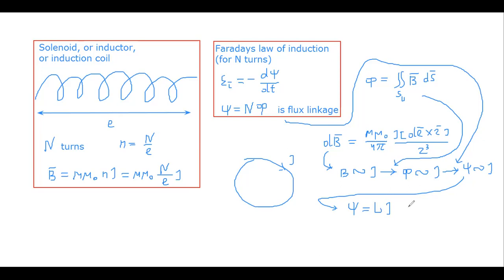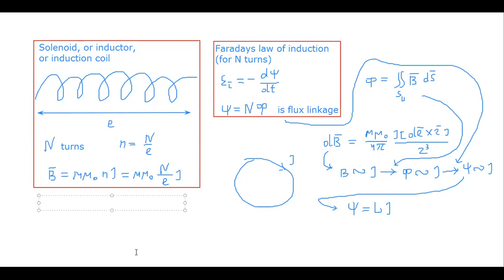In this case, when electric current in a circuit produces magnetic flux through the circuit, it is called self-induction. So in the case of self-induction, the flux linkage is equal to L multiplied by I.